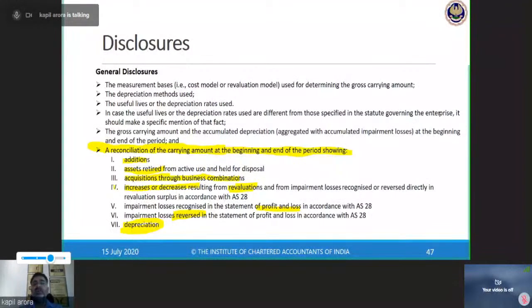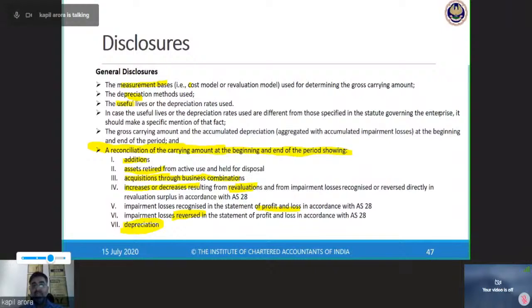Apart from that, what all we need to disclose? We need to disclose what is the measurement basis we have, whether we are following the cost model or the revaluation model. What is the depreciation method we are following, whether straight line, written down value or any other method.